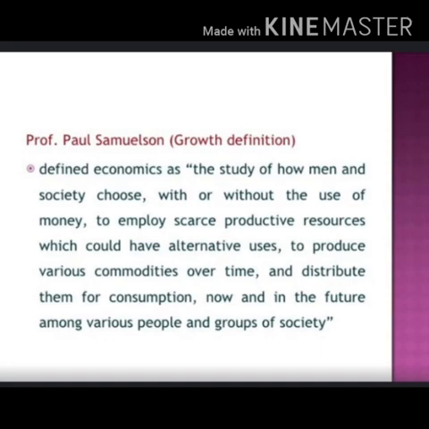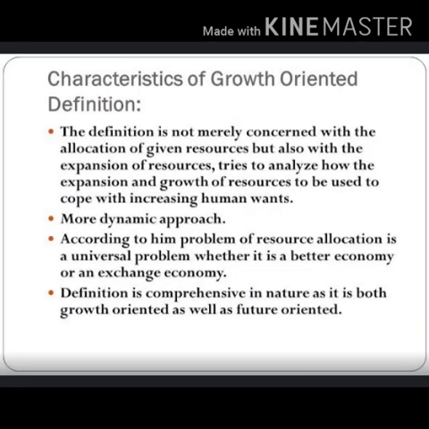So, children, you know, we have limited resources or scarce resources or limited income. So, within that only we have to choose how to produce goods. Now, what are its characteristics? This definition is not merely concerned with the allocation of given resources, but also with the expansion of resources.